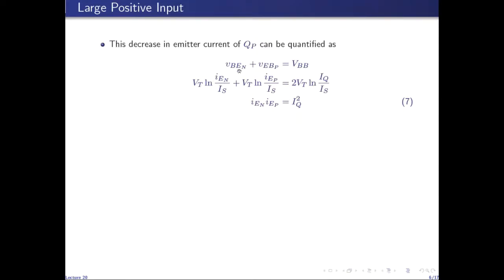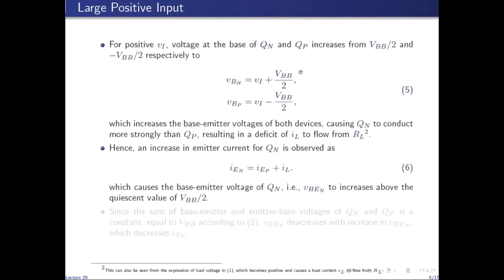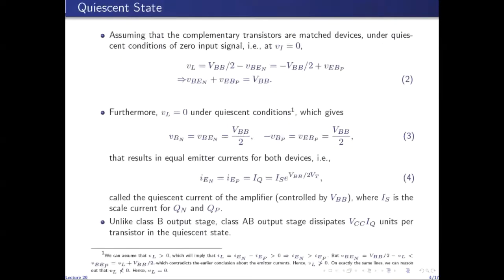So IEN is IS times exponential VBEN over VT. We invert that relationship and we get this expression. Similarly, we can invert the relationship for QP and get this expression. And from the equation derived earlier, from this expression here in 4, we can write VBB as log of IQ over IS times 2VT.